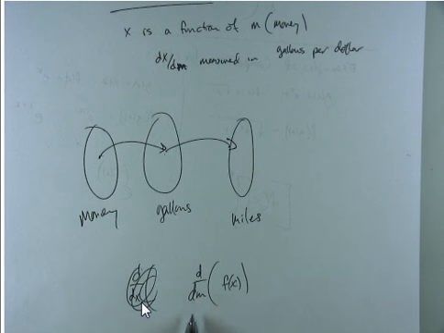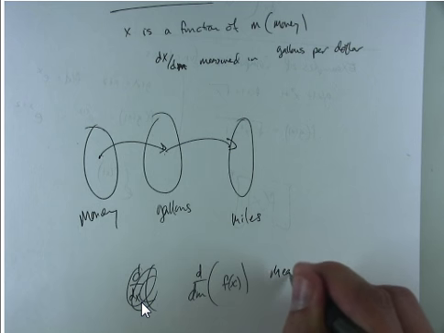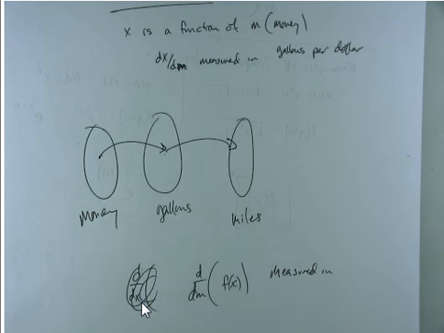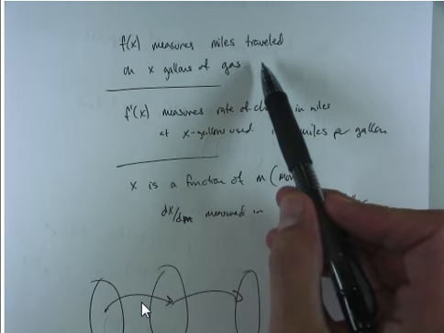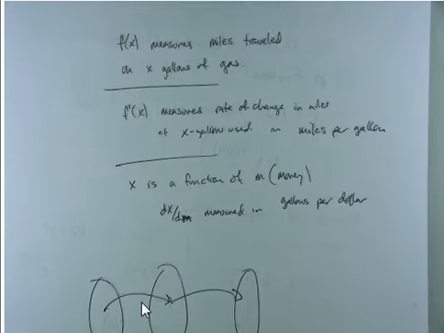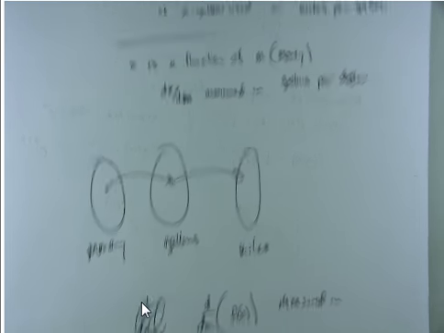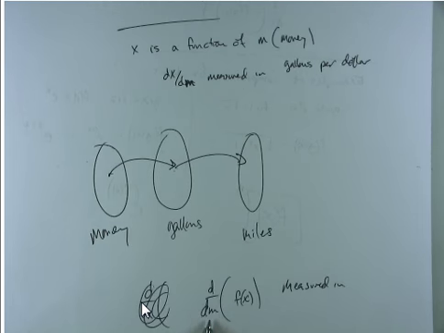So the derivative with respect to money of f of x, what's this measured in? F of x is miles traveled, and m is money spent on gasoline.